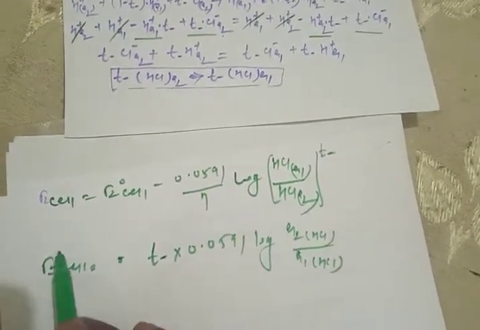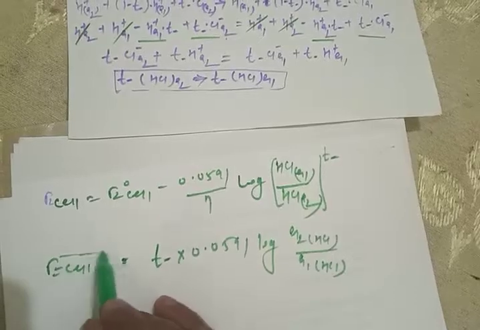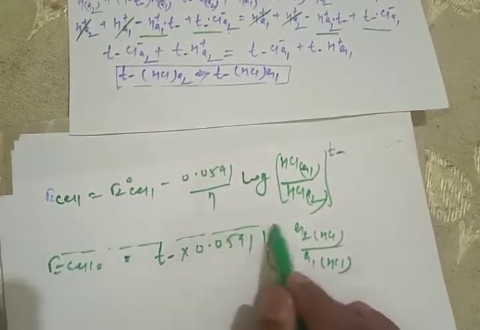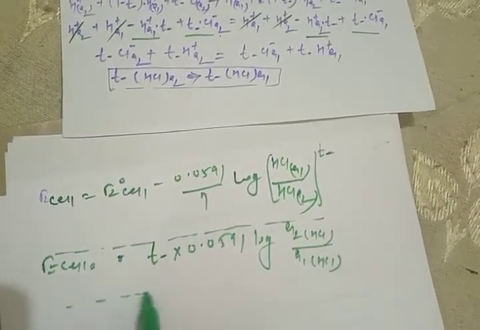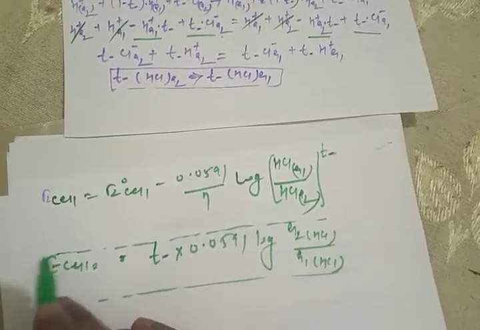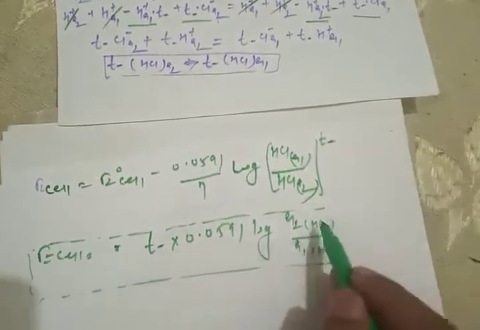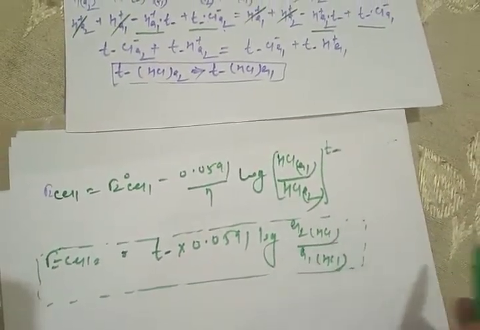So this is the EMF equation for a cell with transference with respect to the cation.